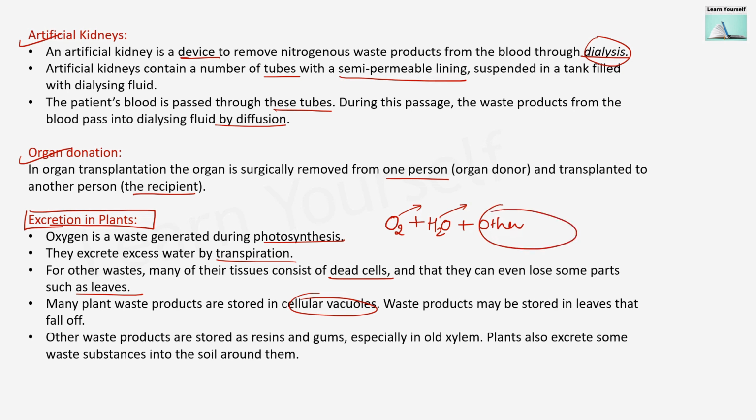When the leaves dry up and fall off, automatically they get rid of this waste product. Other waste products are stored as resin and gums, especially in old xylem. Plants also excrete some waste substances into the soil around them. So these are the types and these are the ways how plants get rid of their waste.